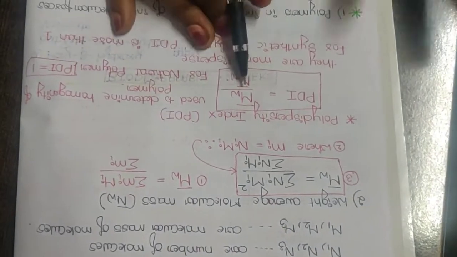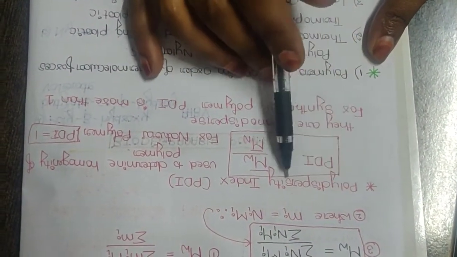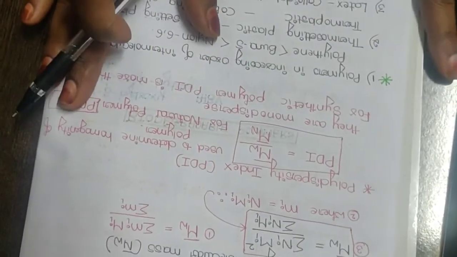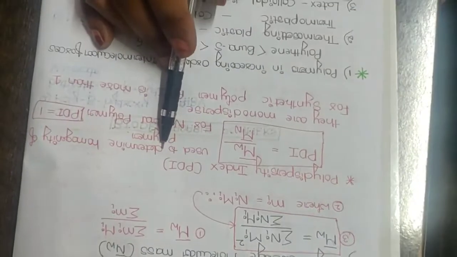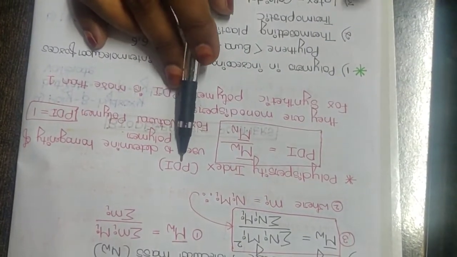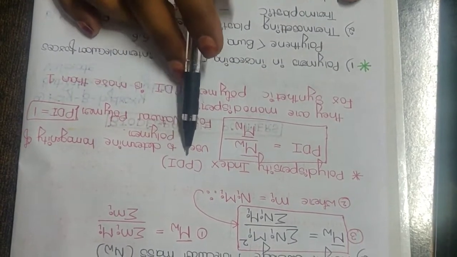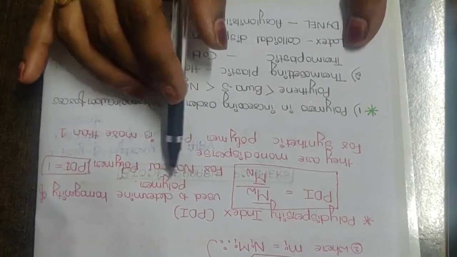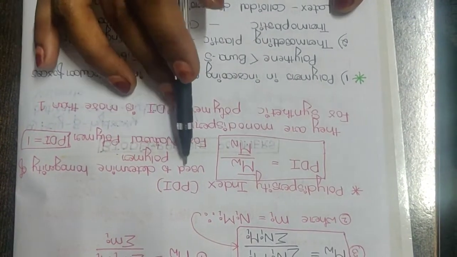The next topic is very important, and this is called polydispersity index. In short form it is abbreviated as PDI. This is very important. Why is that? Because this is used to determine the homogeneity of a polymer. So how do you find out this PDI?